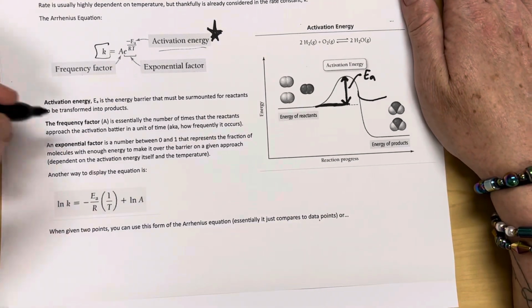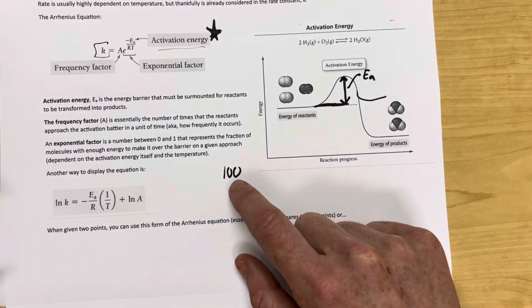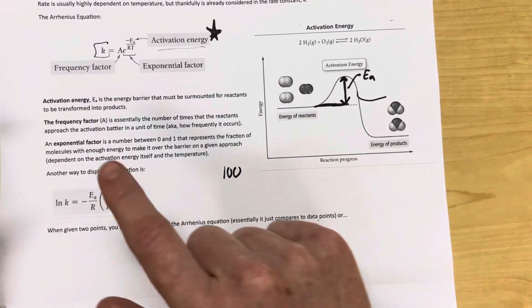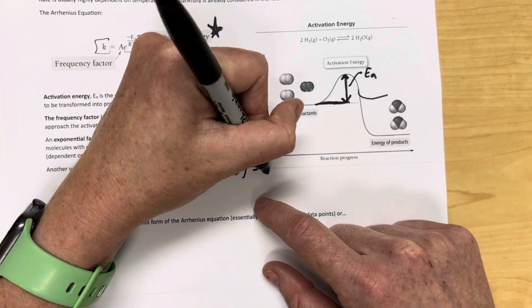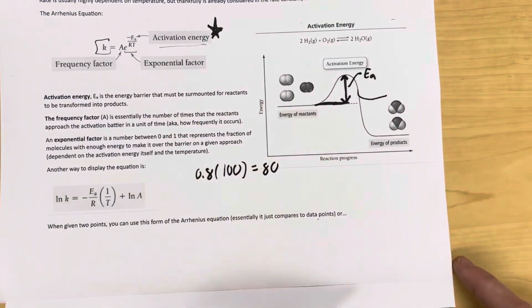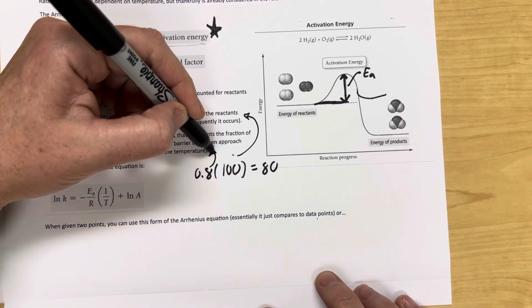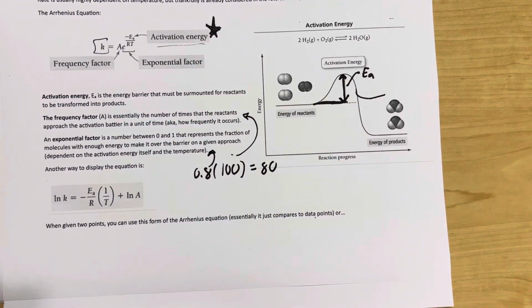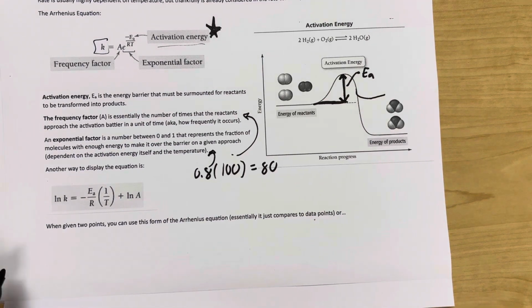So for example, if your frequency factor is 100, meaning 100 times in a reaction your molecules are hitting each other and able to overcome a barrier, and your exponential factor is only 0.8, then only 80 of those molecules will actually go through. So if this was our frequency factor, that would be our exponential factor, telling us only about 80 can actually proceed all the way through to the products.